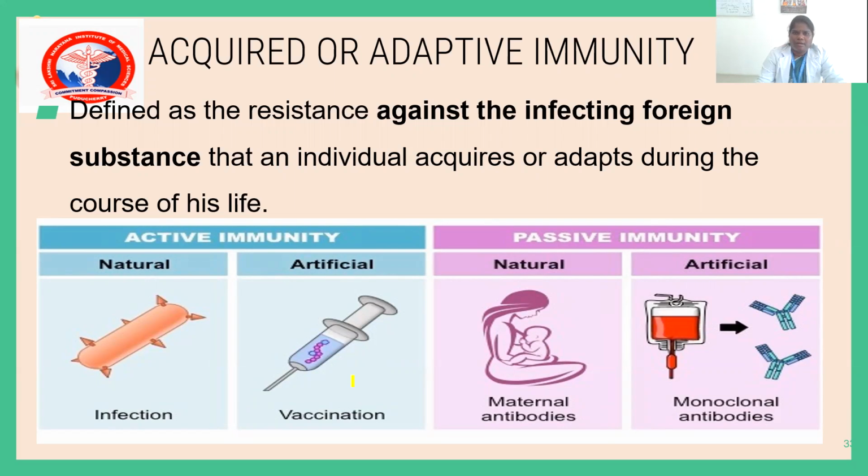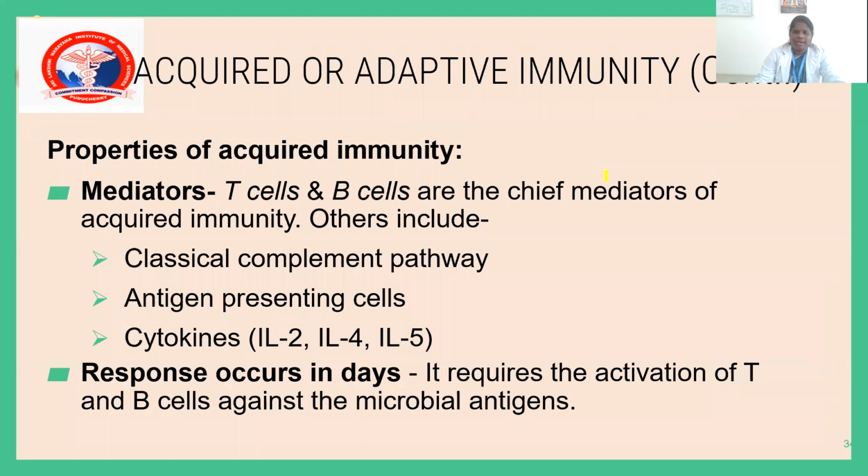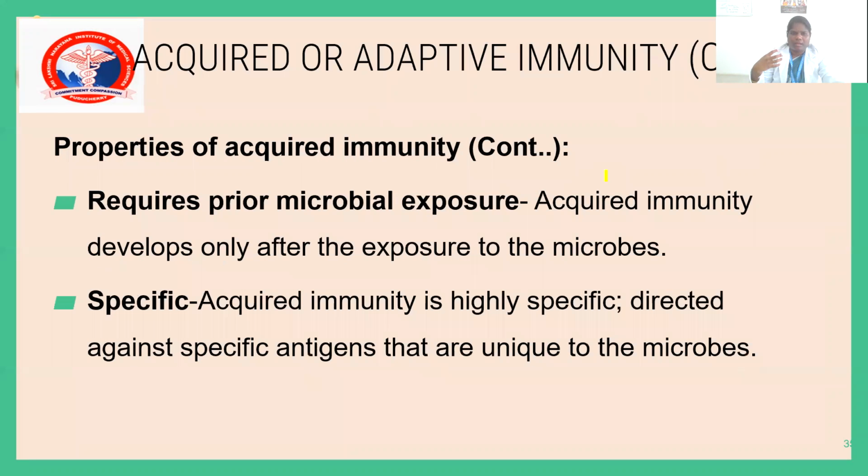Like acquired immunity, we already mentioned that it is acquired during the life period, and it has memory and a diverse group. There is antigen specificity. B cells react to the specific antigen, T cells react with the specific antigen, and it needs prior exposure, as I already mentioned.